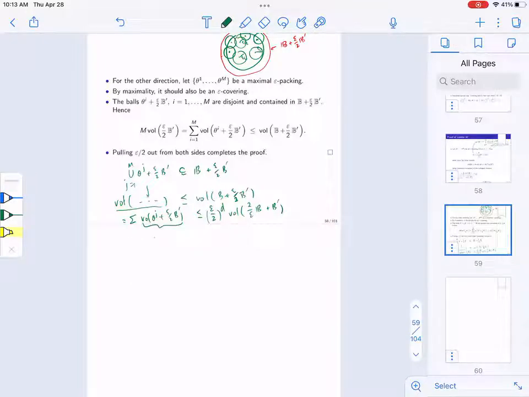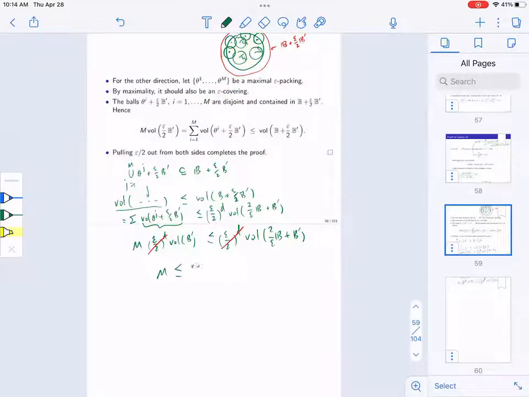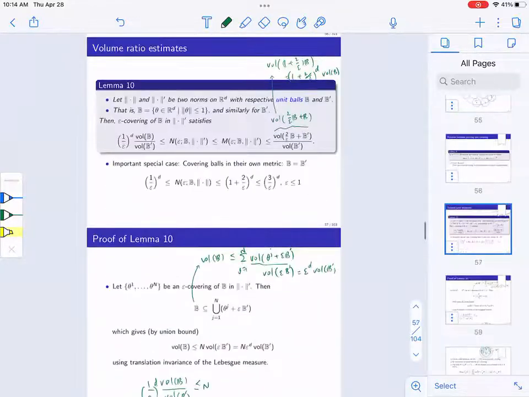Each one would be (epsilon/2)^d times the volume of B prime, and there are m of them. So I get something like (epsilon/2)^d times the volume of (2/epsilon B plus B prime), and then these cancel out, right? So I get that m is less than the volume divided by the other volume. Okay, that's what we wanted to show. So m is bounded by this.